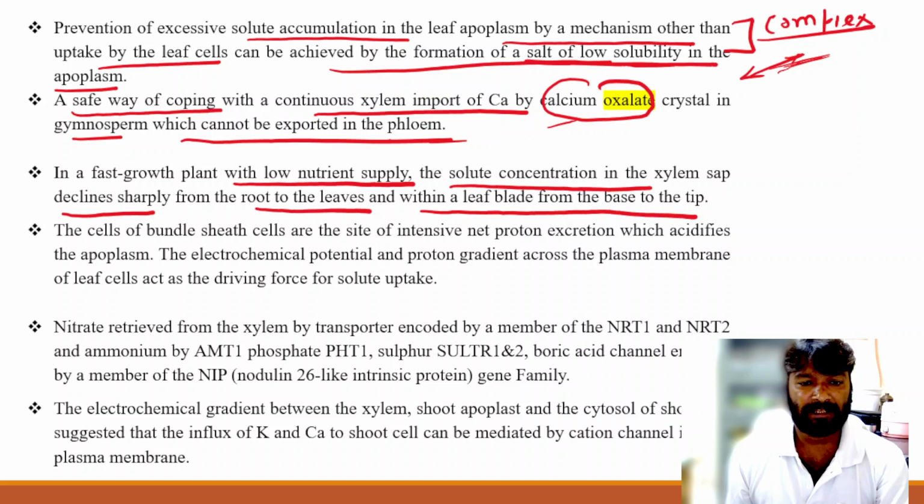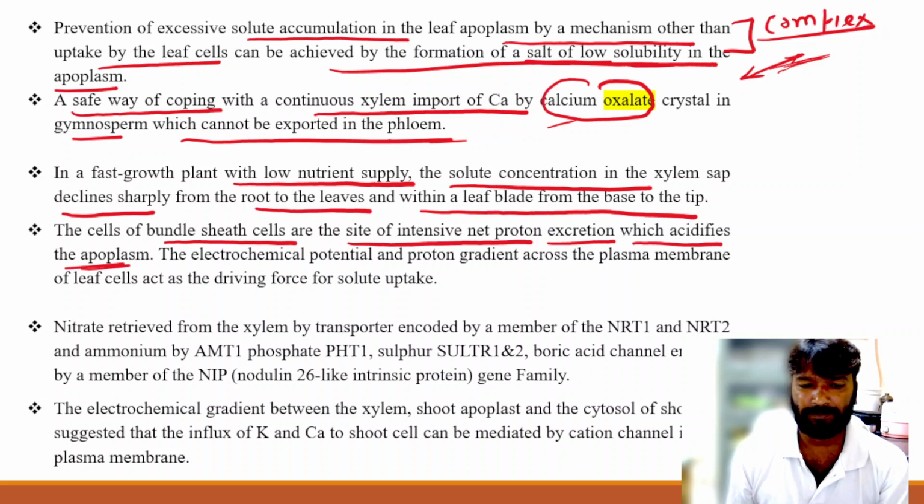Okay, the bundle sheath cells are the site of intensive net proton extrusion, which acidifies the apoplast.